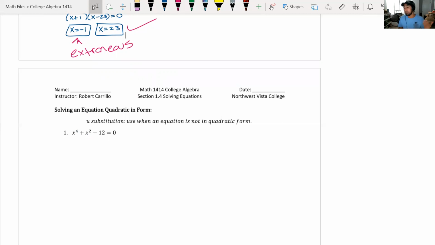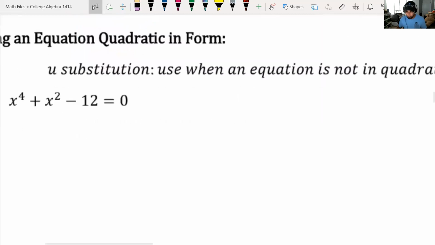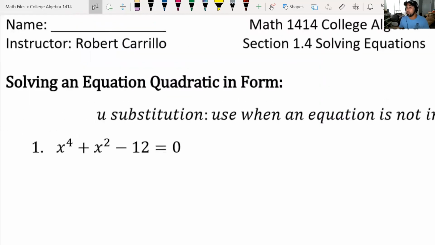And what that means is, well, look at number 1. You have x to the 4th plus x squared minus 12 equal to 0. Well, if it was quadratic, it would be to the power of 2. But this is to the power of 4. Well, we see that it's 3 terms and set equal to 0. So this has to be some type of equation.